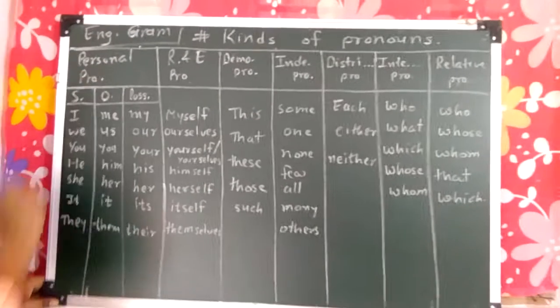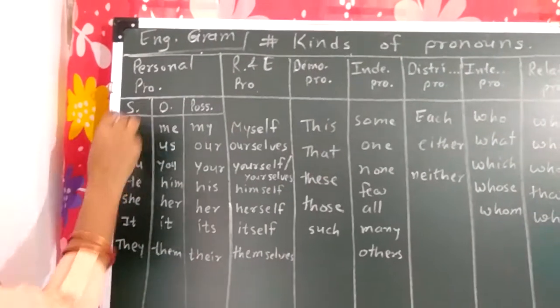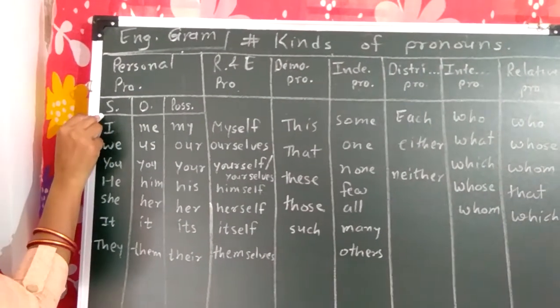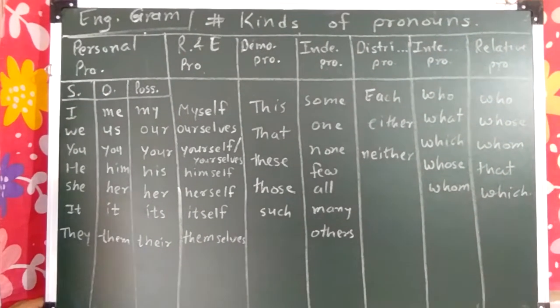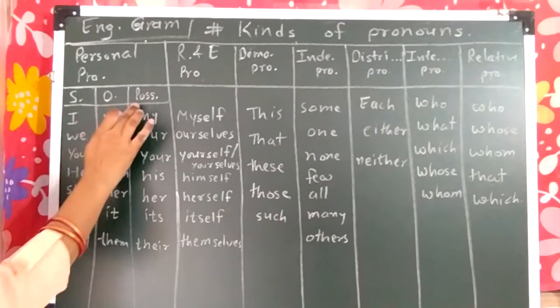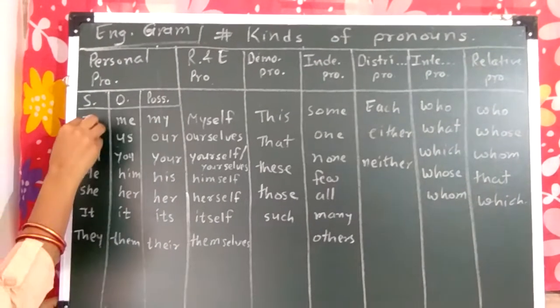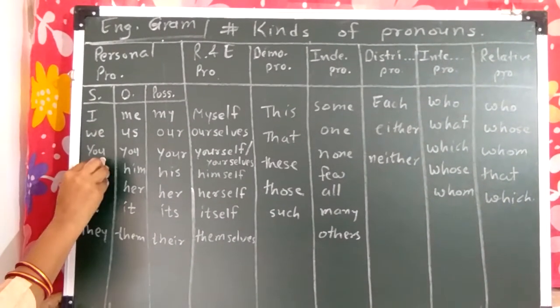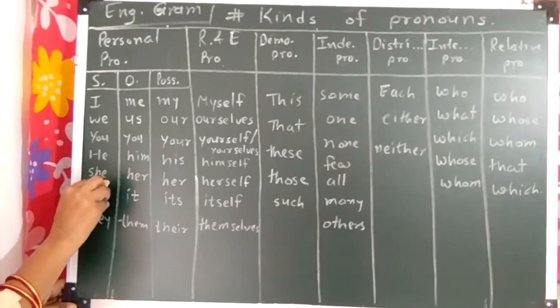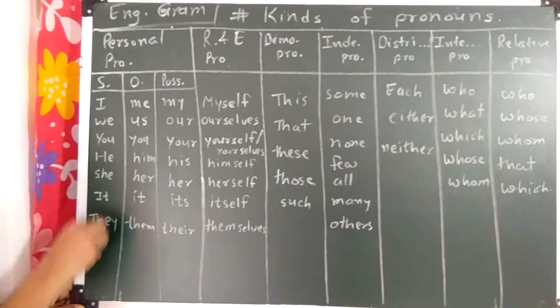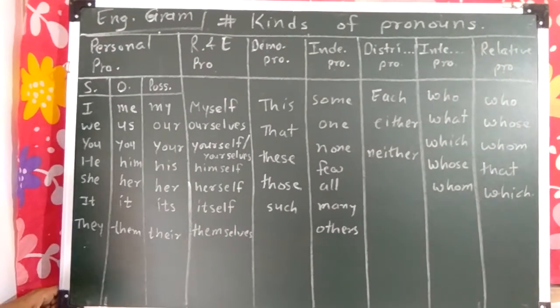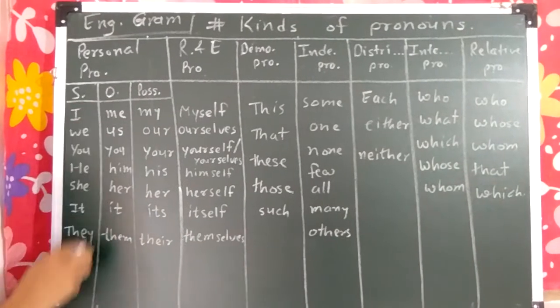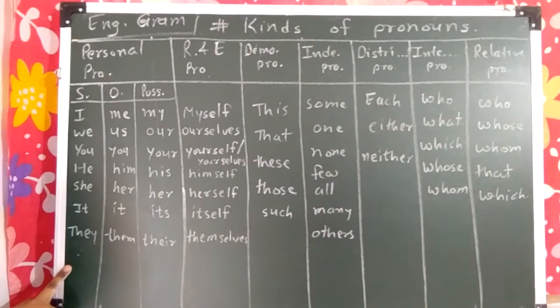Okay. Now personal pronouns are in subjective form, objective form, and as possessive adjective or possessive pronoun. Here I, we, you, he, she, it, and they are the personal pronouns in the subjective form. They are used in place of a subject.